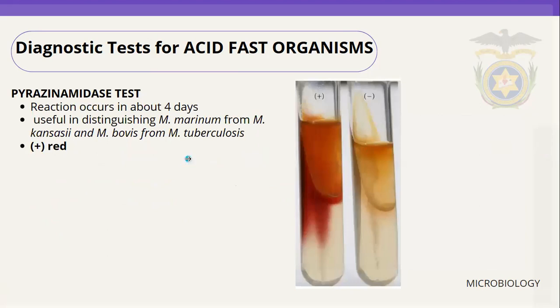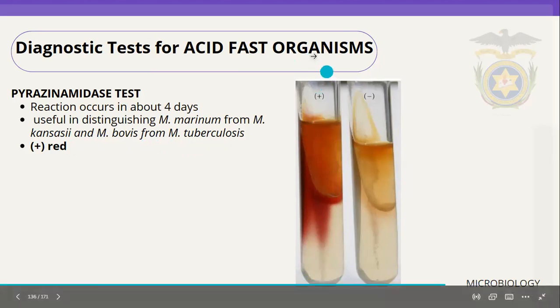Our next test is the pyrazinamidase test, and this reaction usually occurs in about 4 days, and it is useful in distinguishing Mycobacterium marinum from Mycobacterium kansasii and Mycobacterium bovis from Mycobacterium tuberculosis. So the positive color here is red, as seen in this first tube.